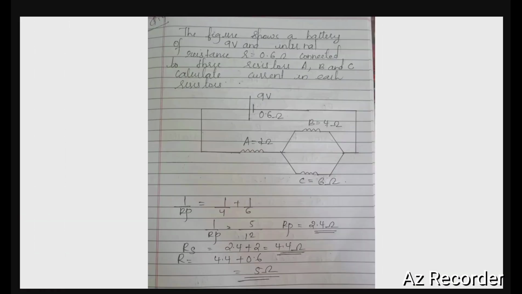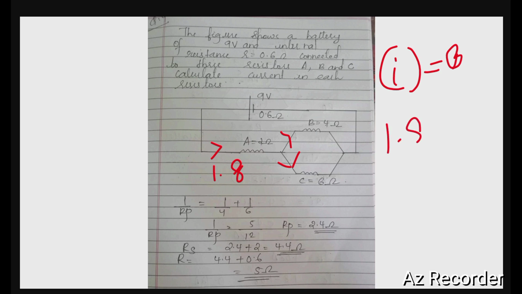This 1.8 ampere splits up and enters the resistors B and C. Let's say that I is the amount of current which enters the resistance B. The total current in the circuit is 1.8, out of which I current passes through the resistance B, so 1.8 minus I current passes through the resistor C.